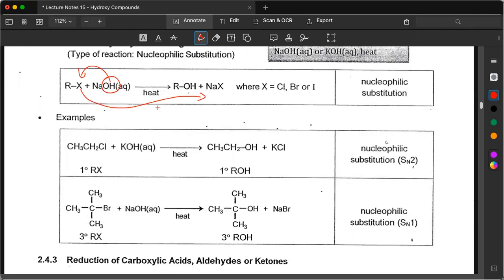Now, if you recall the previous lecture on halogenoalkanes, we discussed the difference between SN1 and SN2. For primary alcohol to be formed, SN2 is used. For tertiary alcohol, SN1 is the reaction that produces the tertiary alcohol.